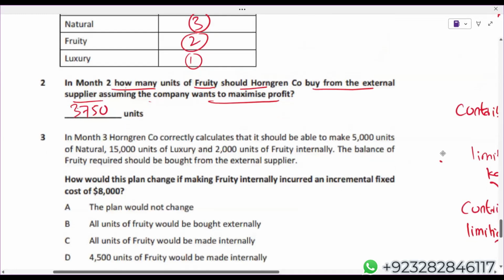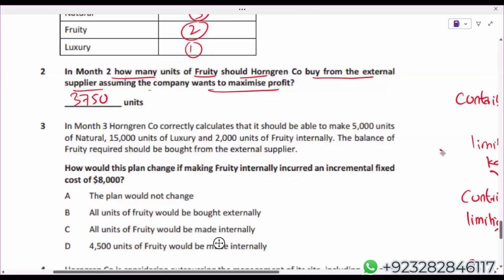Now, in month 3, each company correctly calculates that it should be able to make 5,000 of natural, 15,000 of luxury, and 2,000 of fruity internally. So they have already decided in month 3 they will be in a position to make 5,000 units of natural, 15,000 luxury, 2,000 fruity. Fine.